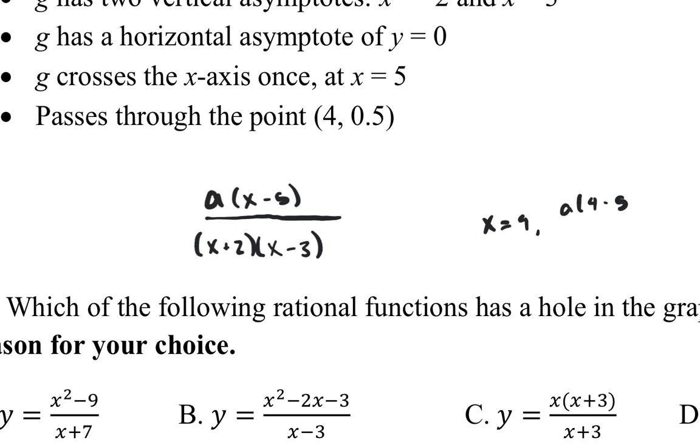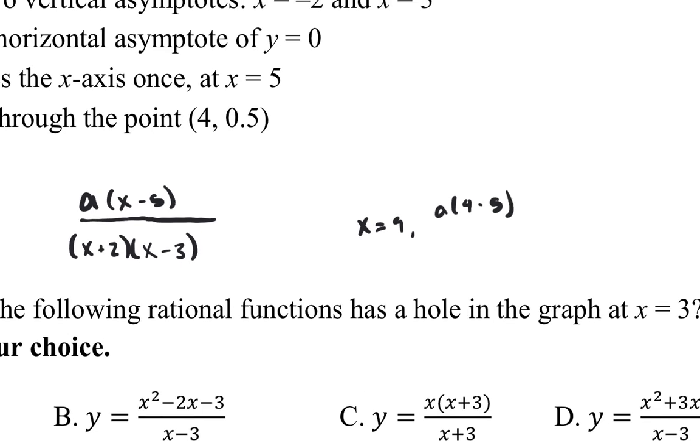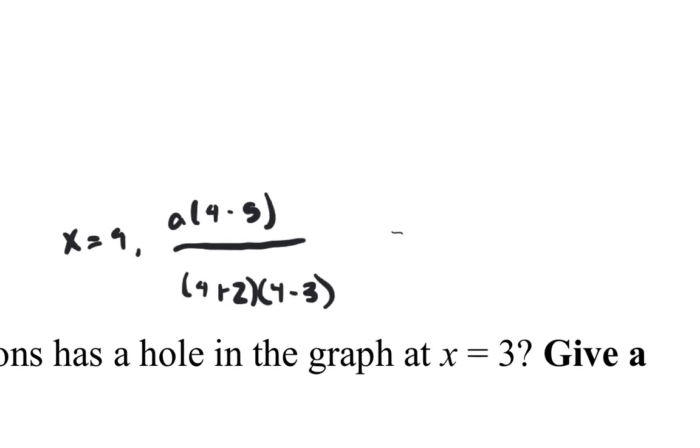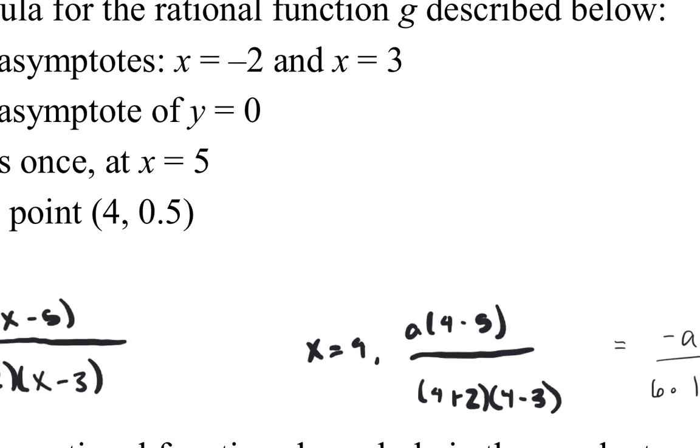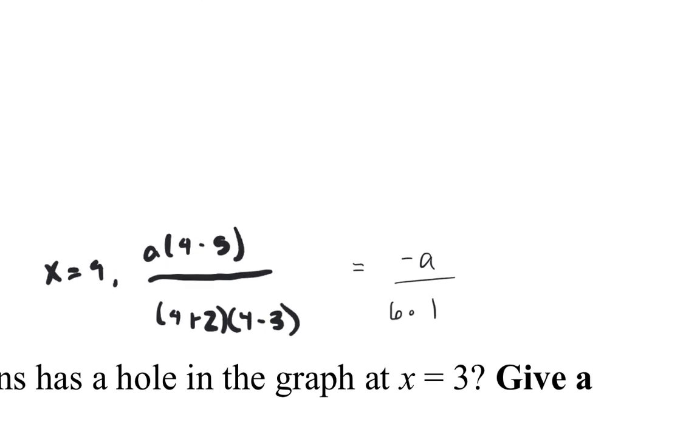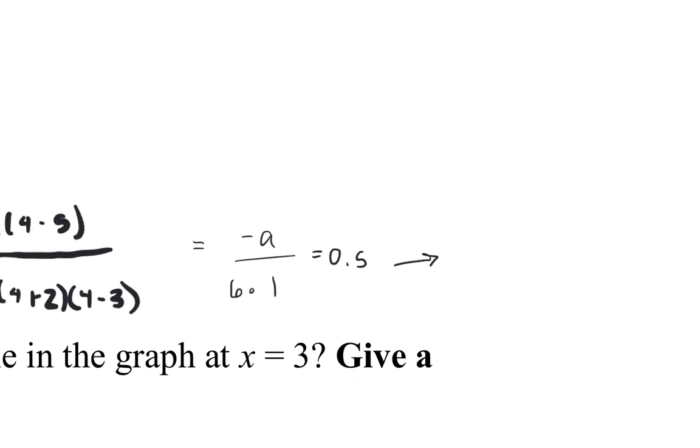We have a times (4 minus 5) over (4 plus 2)(4 minus 3). That is going to give us -a over 6 times 1, and that is going to be equal to 0.5, which means that a is equal to -3.